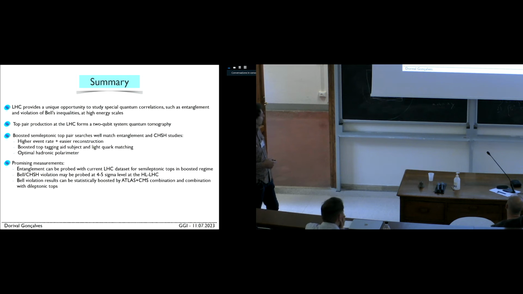You can do the boosted top tagging really well matched with the analysis, and you can define a hadronic polarimeter. Even with the current data sets, you can obtain entanglement for the semi-leptonic tops, and Bell's inequality and CHSH may be accessible at between 4 to 5 sigma.